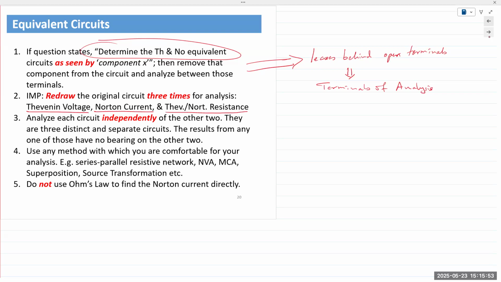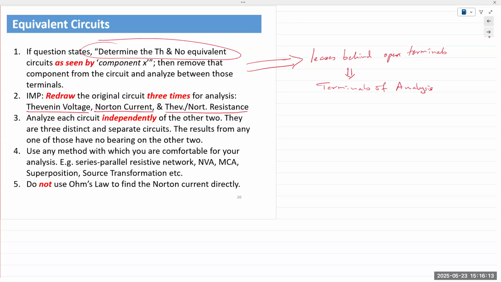Okay. So Thevenin voltage, Norton current, and the Thevenin resistance. I just refer to this as Thevenin and Norton resistance, but technically it's just Thevenin resistance. I just like to use Thevenin and Norton just to illustrate the same point that the resistance is the same in both circuits. That does not change, right?